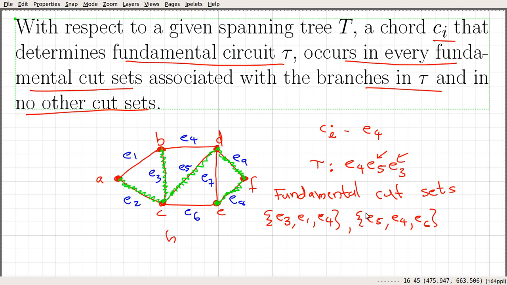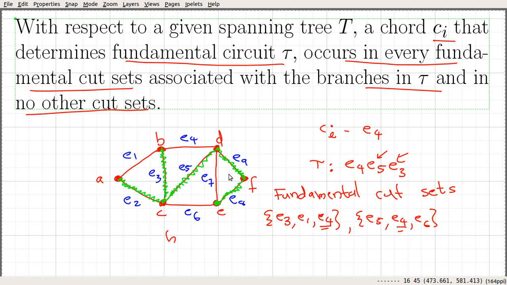Similarly, this is determined by the branch edge E5, and E4 and E6 are chords. So here we can see that this Ci, E4, occurs only in every fundamental cut set associated with the branches in this fundamental circuit and in no other cut set.